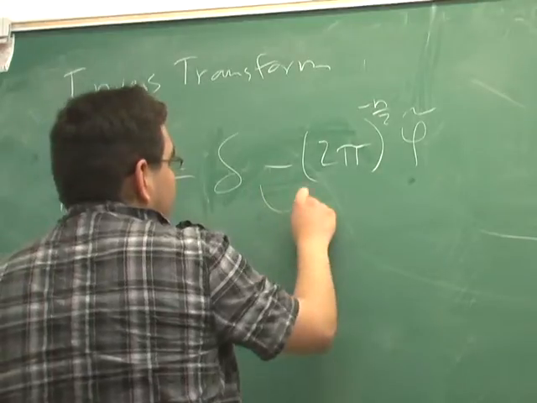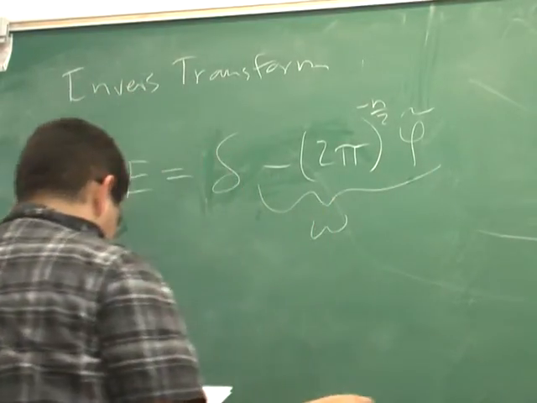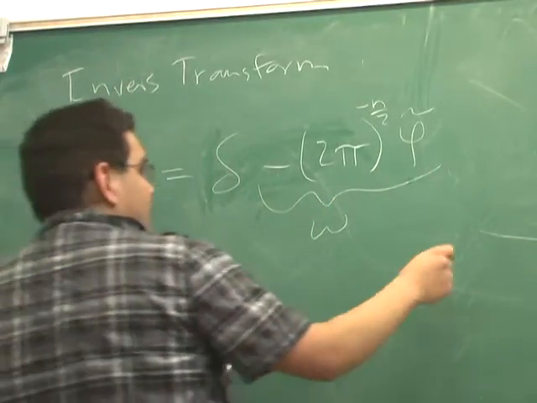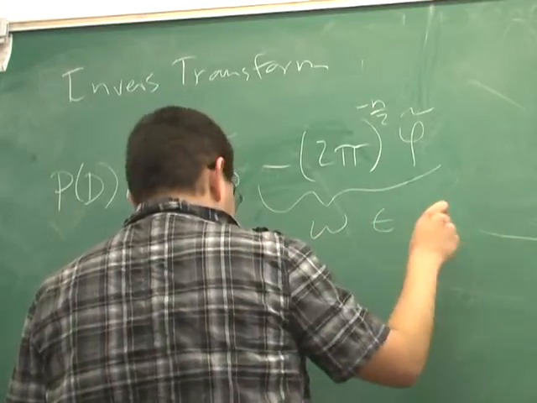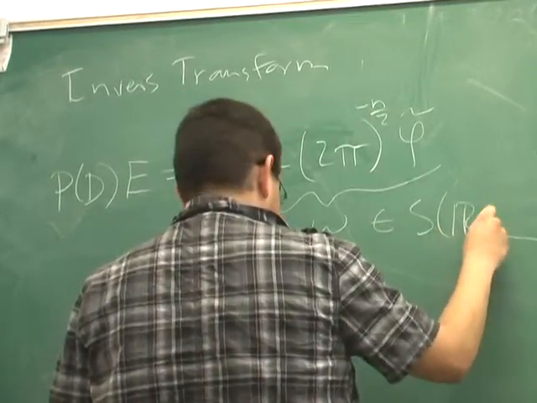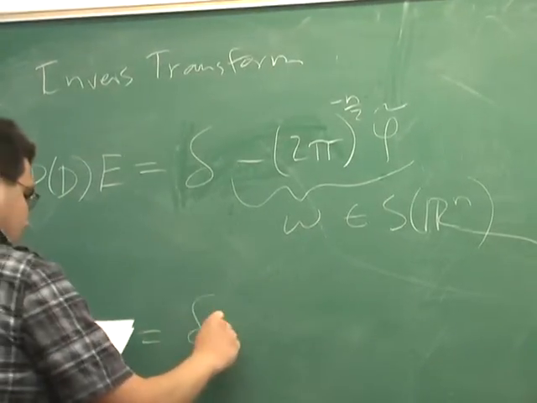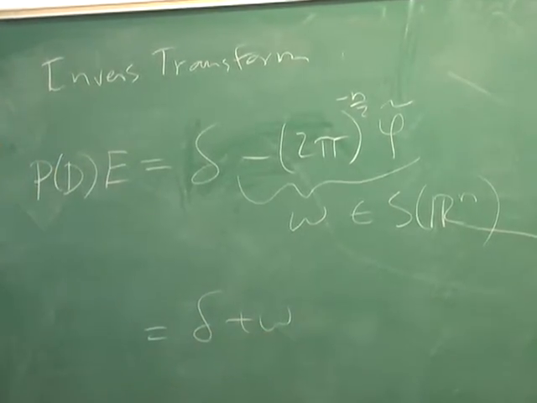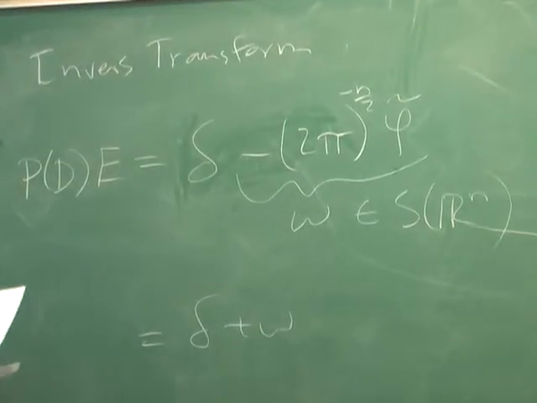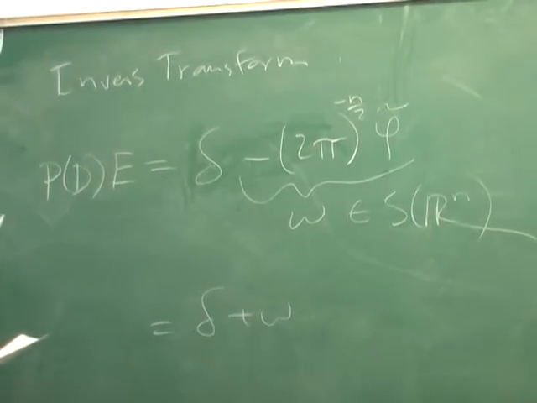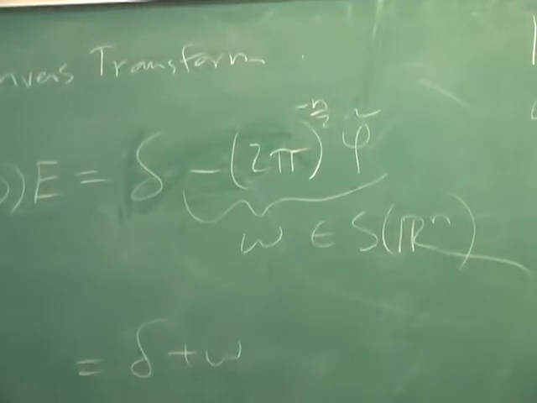We're going to call this thing W, and this W is an element of the Schwartz space. So this essentially equals delta plus W. So we use this W to prove the elliptic regularity, essentially.